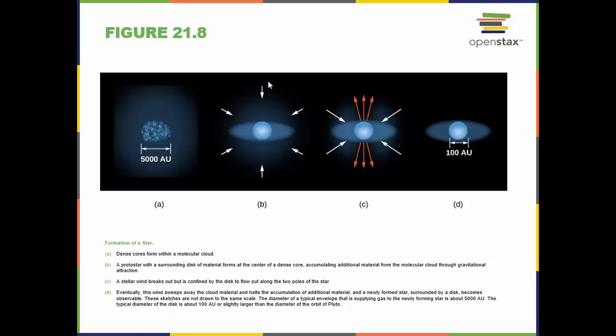So then we see a protostar with a surrounding disk of material forms in the center of the dense core, and it's accumulating additional material from the molecular cloud through gravitational attraction.